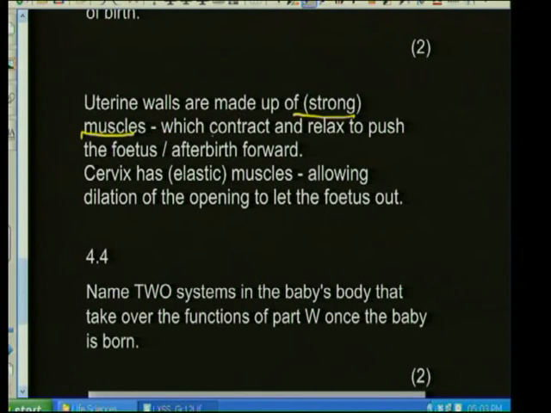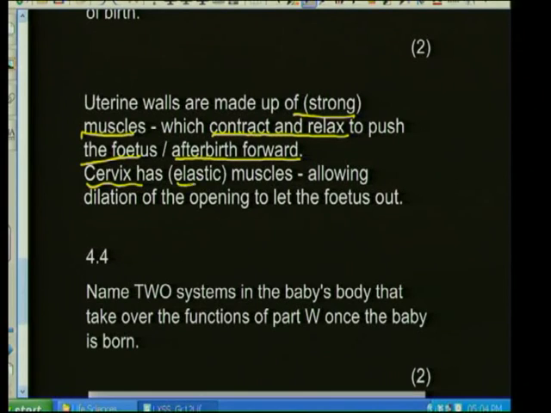These muscles contract and relax to push the fetus and the afterbirth forward. So in other words, the uterine wall is designed in such a way that it can help during labor when the female is pushing the baby out of her body. Also, the cervix has elastic muscles. Why? So it allows dilation of the cervix.